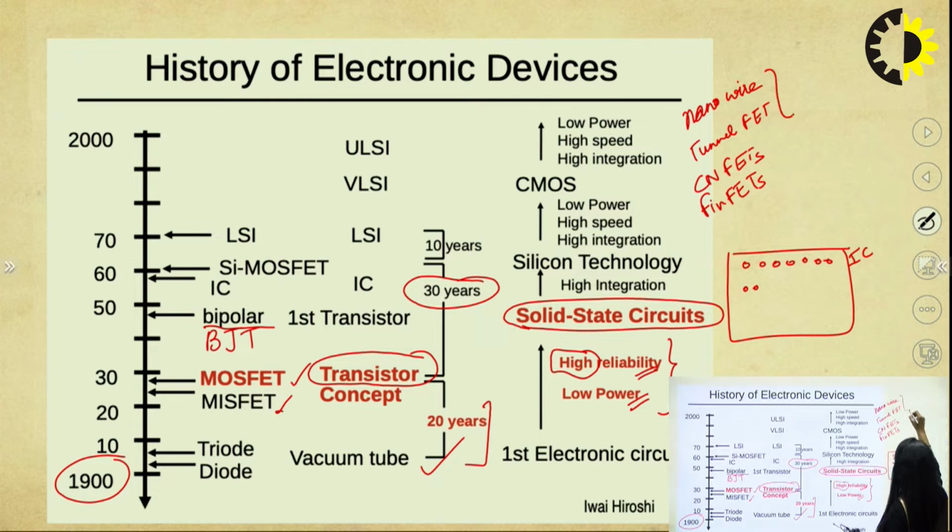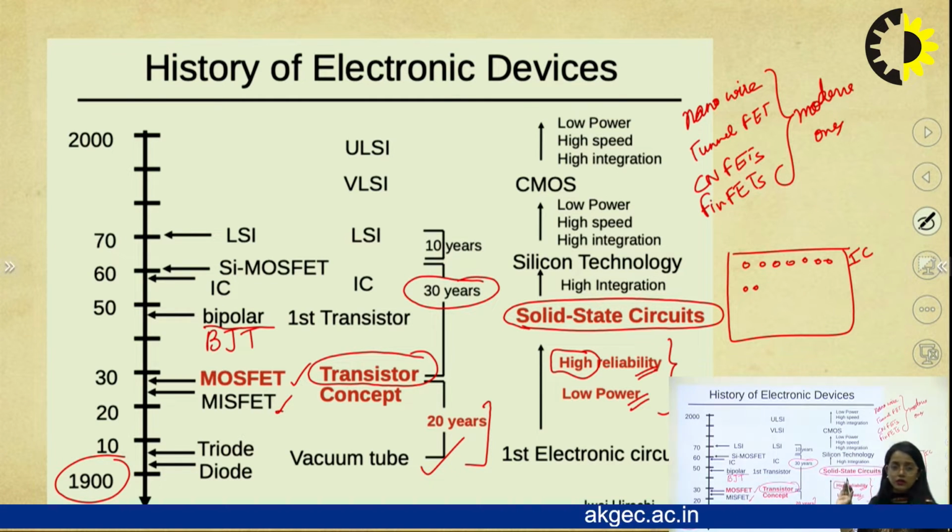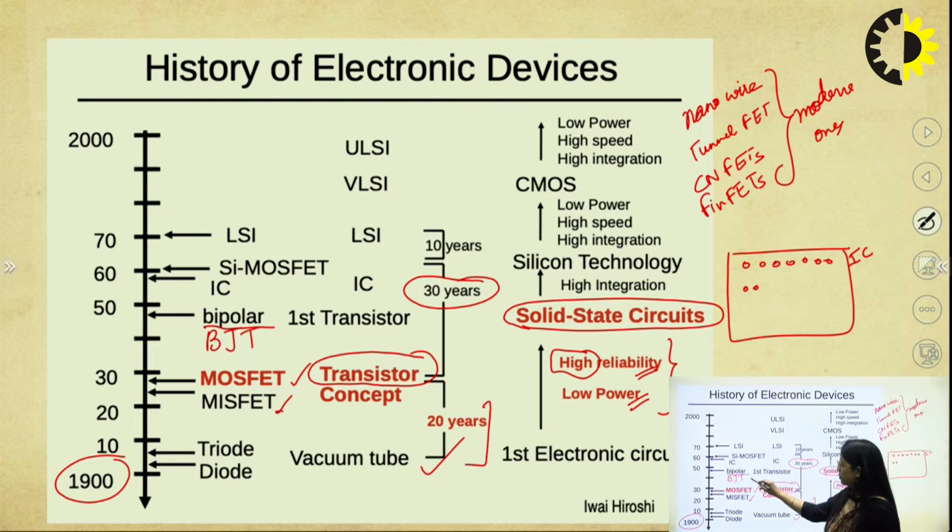These are the modern devices. Before these modern devices came into the picture, we had BJT, or we also had FET, field effect transistors.